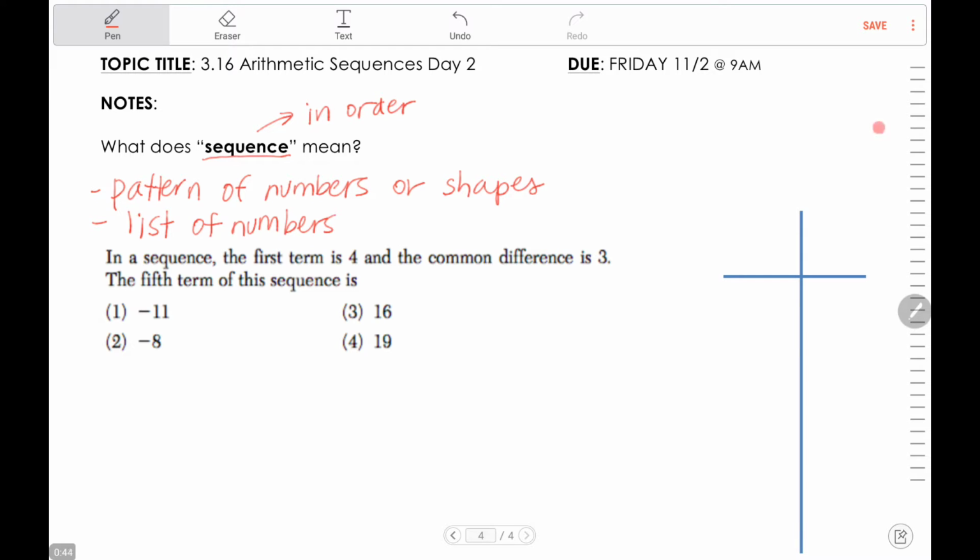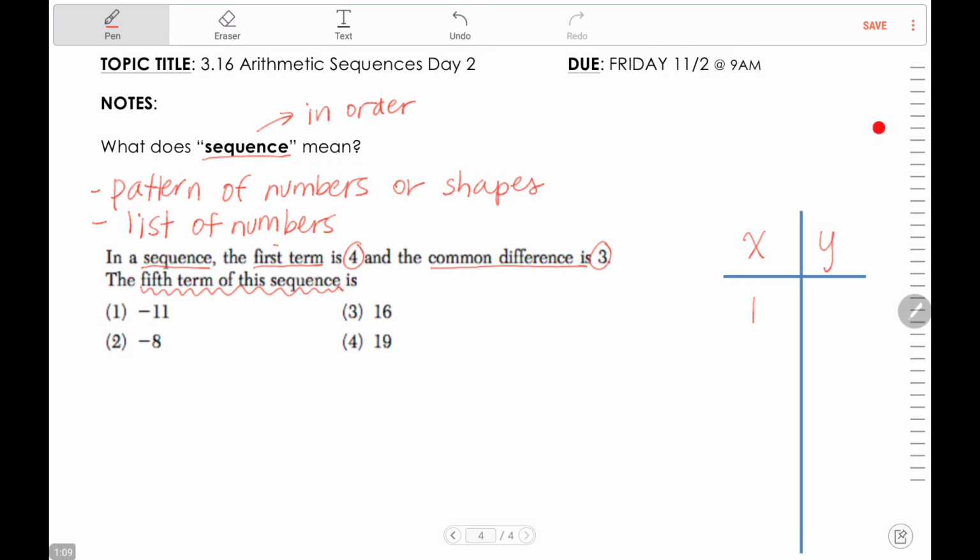Okay, so the first question says, in a sequence, the first term is 4, and the common difference is 3. The fifth term of the sequence is, and that's what they want us to find. What's really helpful is to use our table. So I'm going to start labeling this table with X and Y, and it already tells us the first term is 4.